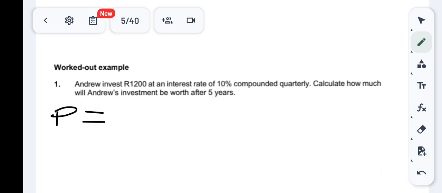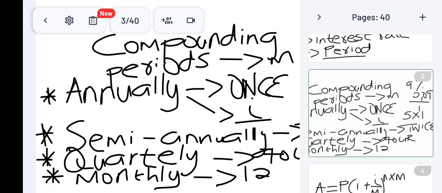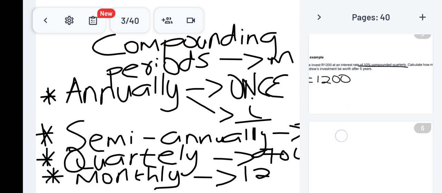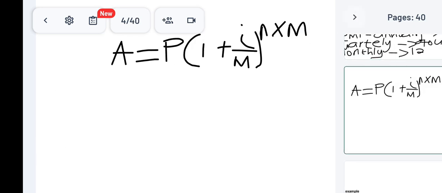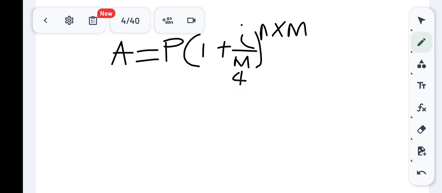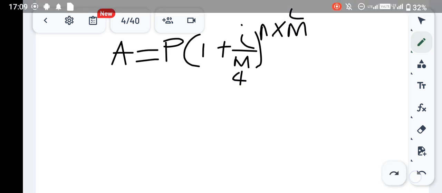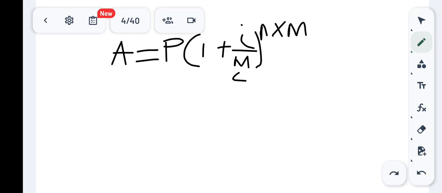That is our principal amount, or the original amount, at an interest rate of 10% compounded quarterly. We just said quarterly means 4 times per year, so we will divide the interest rate by 4, then multiply the number of years by 4. That's what we are going to do.